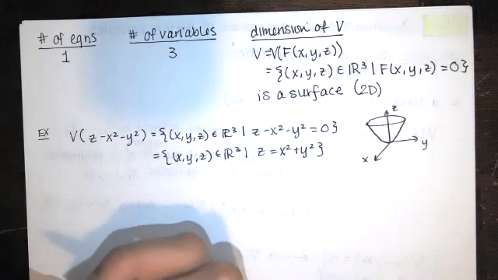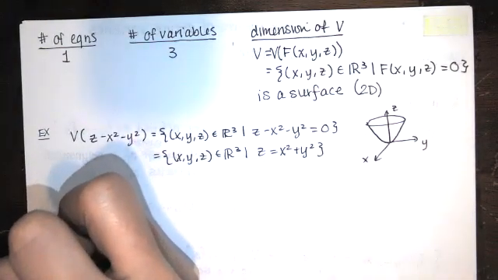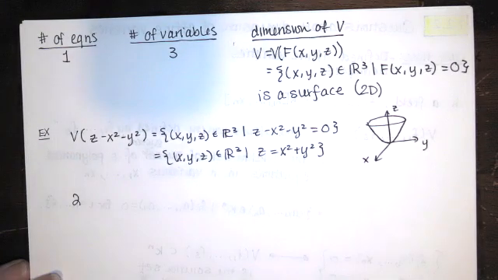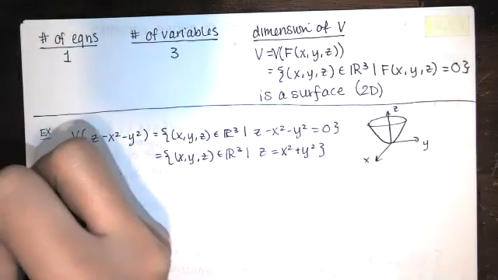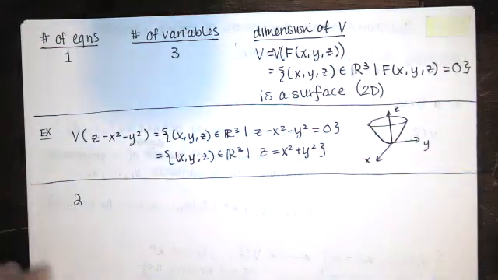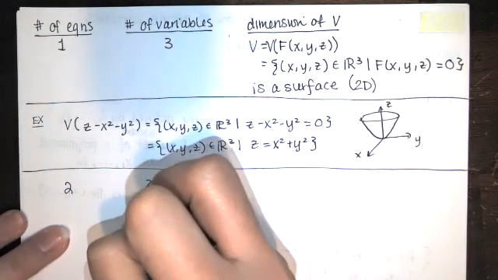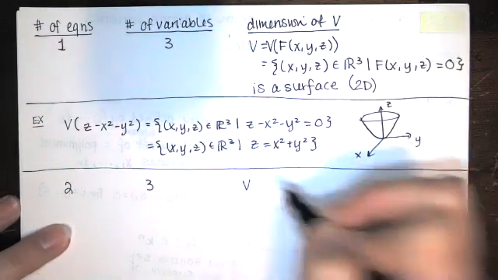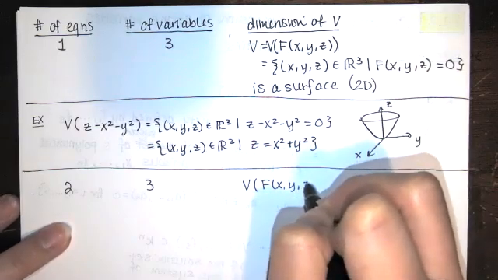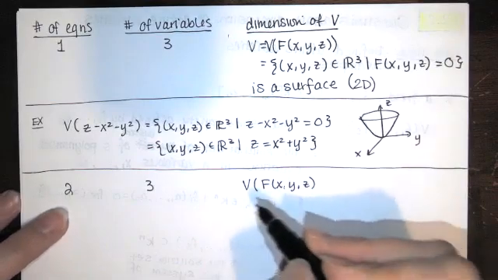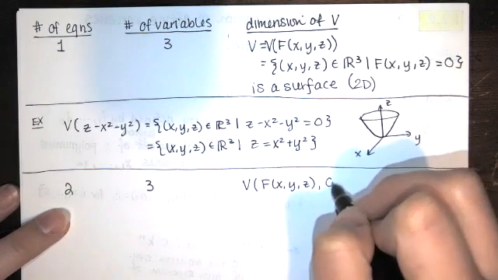Now we also saw that if we change this up a little bit, let's increase that number of equations to 2. If we have 2 equations, and those equations are in 3 variables, now our variety consists of setting 2 surfaces, or setting 2 polynomial functions in x, y, and z equal to 0.